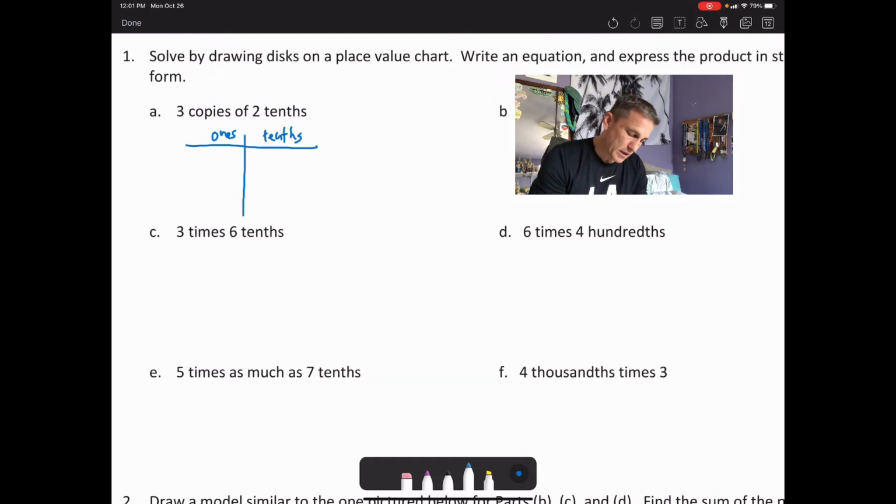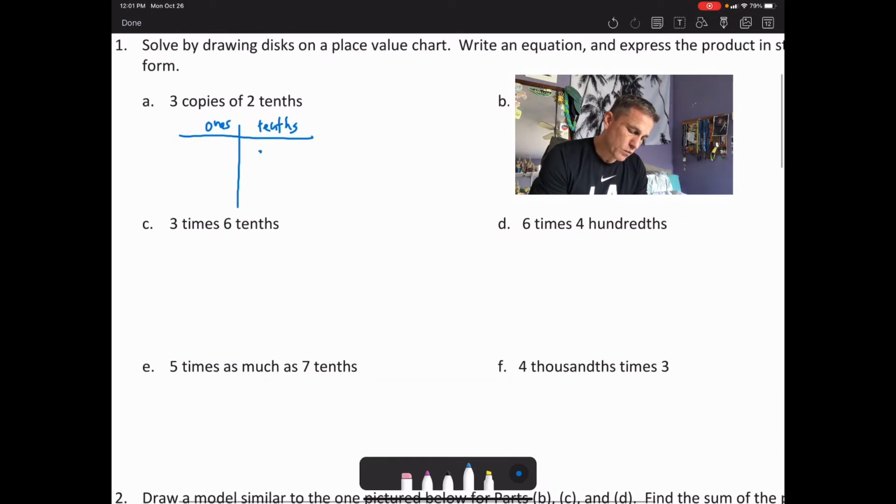So you're going to make 2/10 once, 2/10 twice, 2/10 3 times, and that's going to come out to be 6/10. So we're supposed to write an equation.